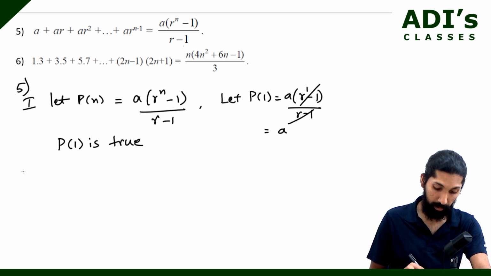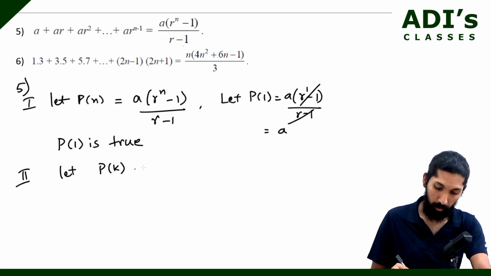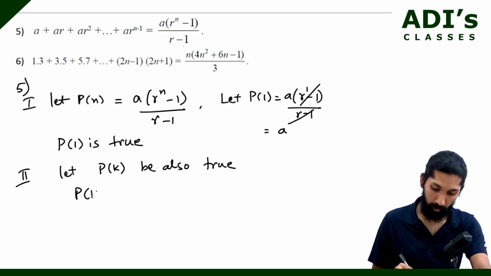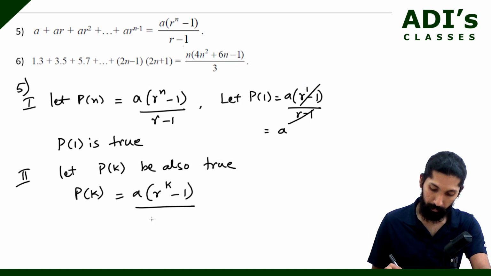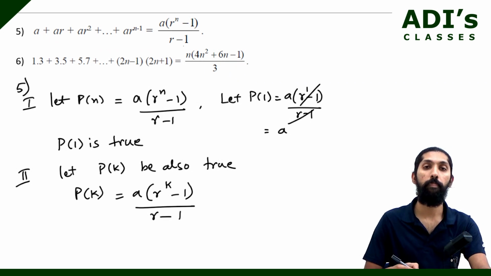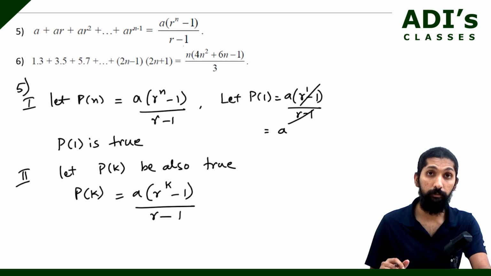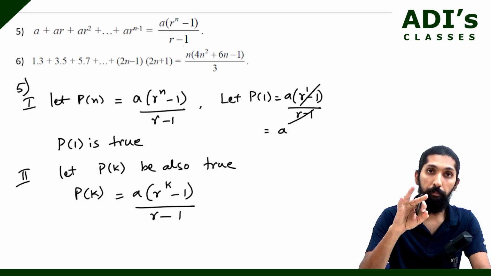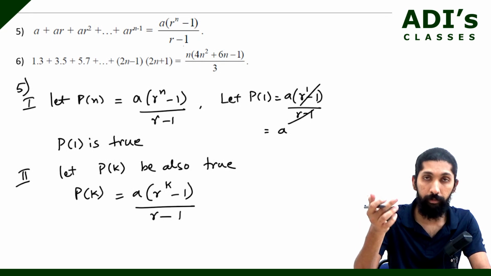Now in the second step, what do we write? Let P of k be also true. That means P of k is equal to a into r to the power of k minus 1 divided by r minus 1. This is the formula what we have, correct? Third step, p of k plus 1. We need to prove it, isn't it?